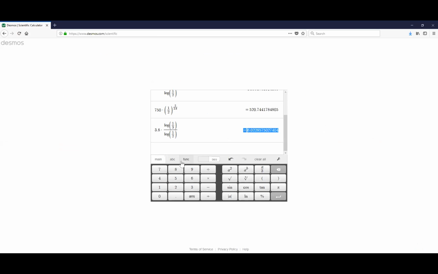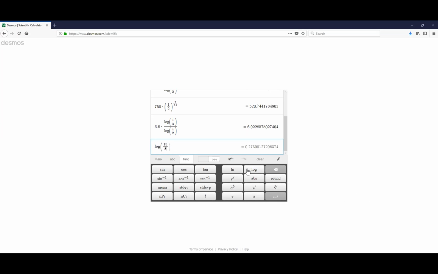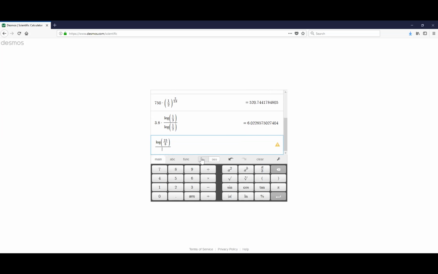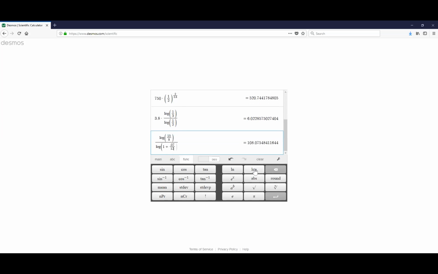So we take log of 15/8 divided by the log of 1 plus 0.07 divided by 12. And I'll put that divided by 12 right next to that.